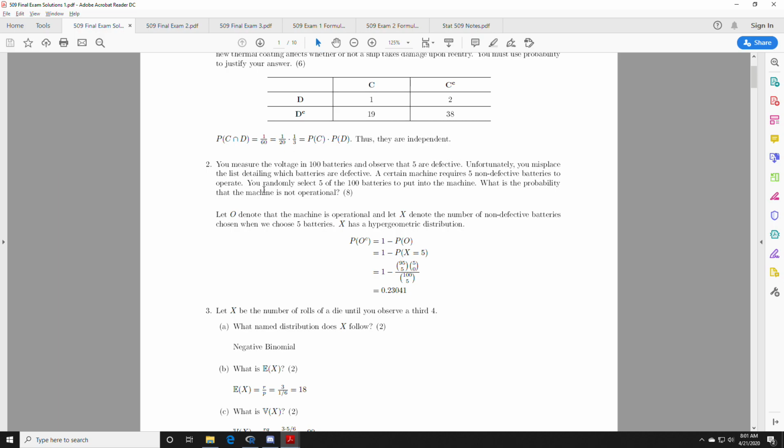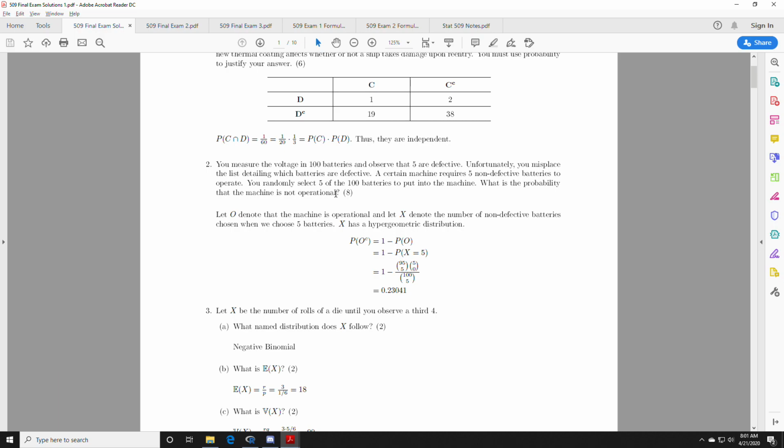We're going to take 5 batteries out, and we want to know the probability that the machine is not operational. There are lots of ways for the machine to be not operational. If at least one of the batteries is defective, then the machine will not be operational. So we would have to calculate many different probabilities.